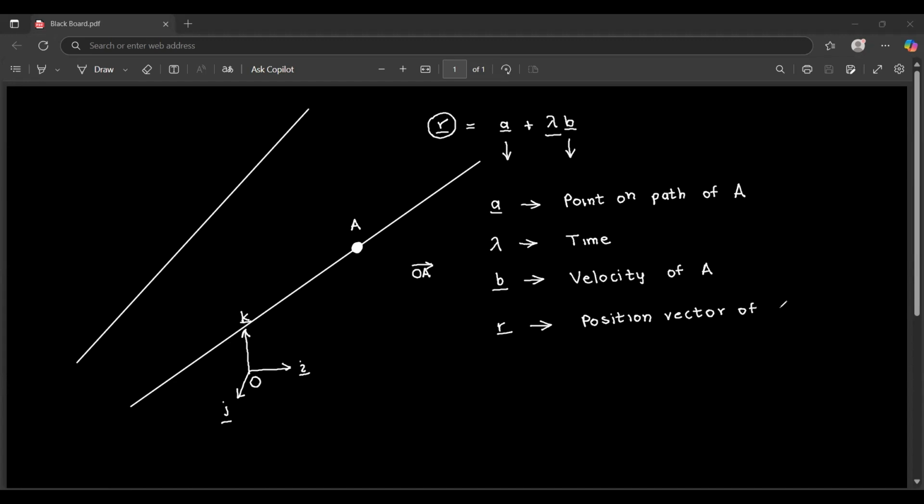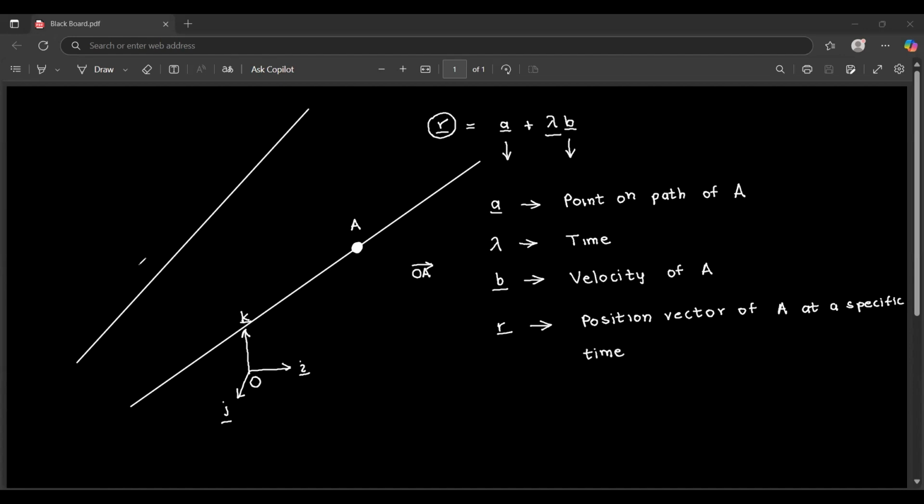This is what we have to know to apply vectors in straight line motion.